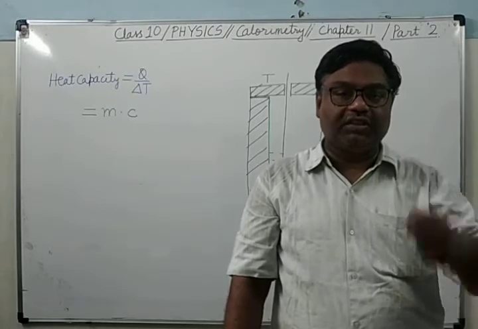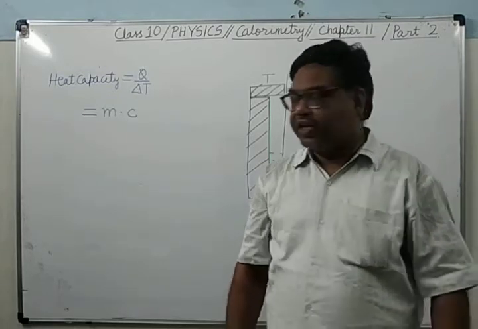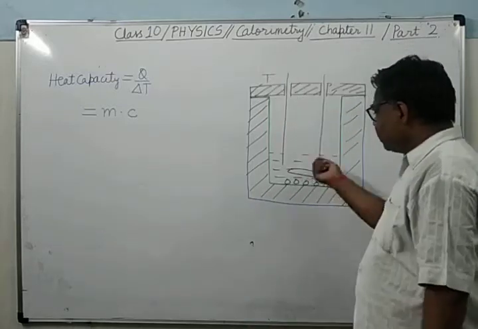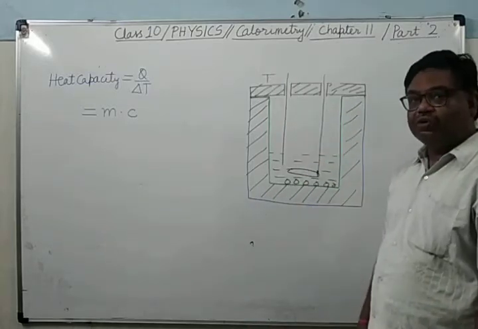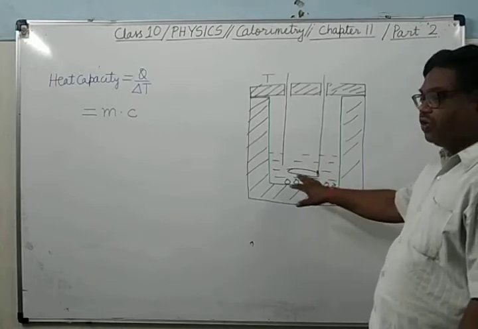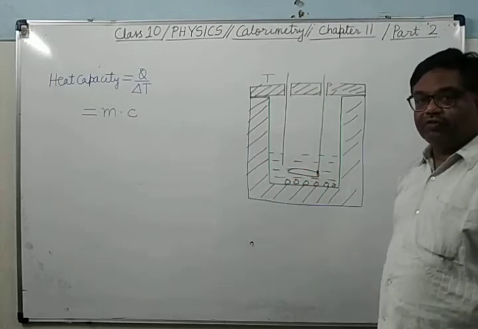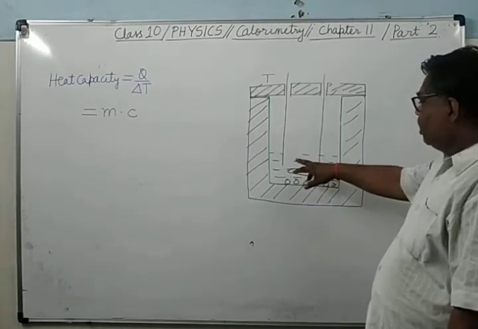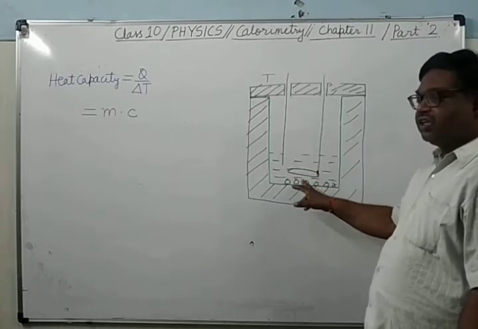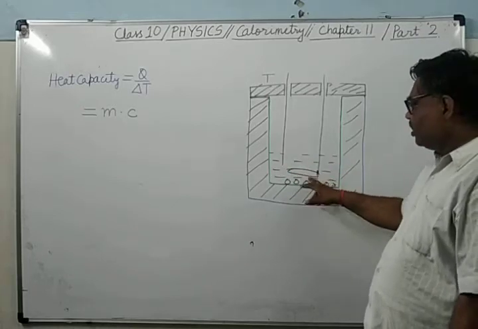Because if you stir it very vigorously, what will happen? Kinetic energy of molecules will be increased, and therefore temperature will be increased. So in order to establish thermal equilibrium, we will gently stir it.